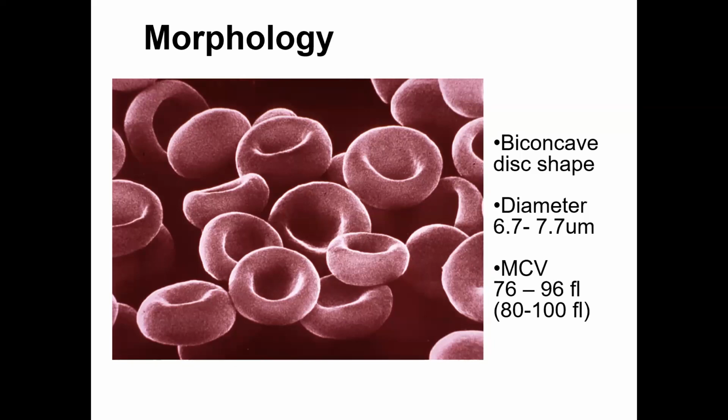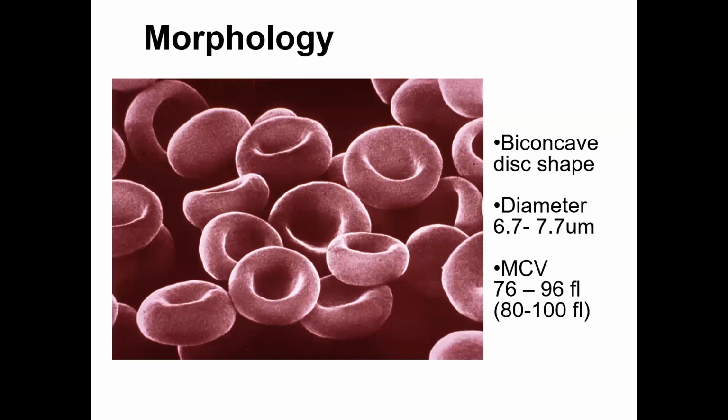So practically, this is usually measured by automated equipment or automated cell counters, and they're able to get the volumes of all the red cells and then take an average.